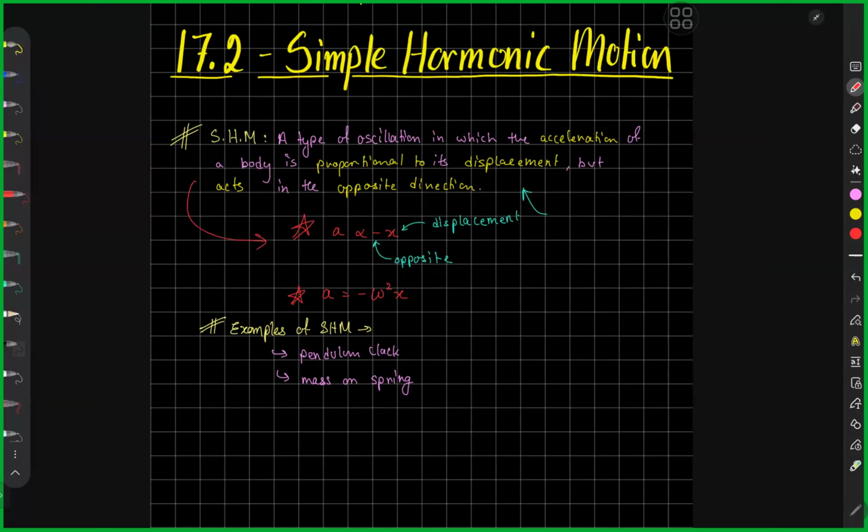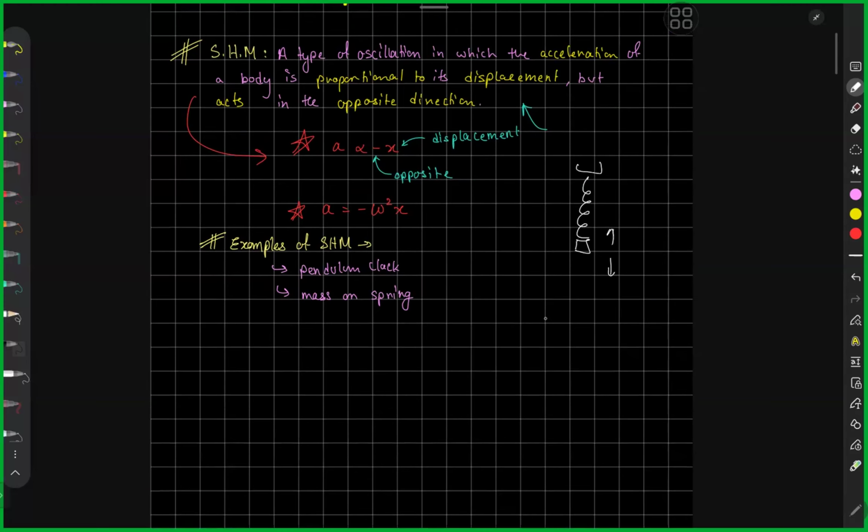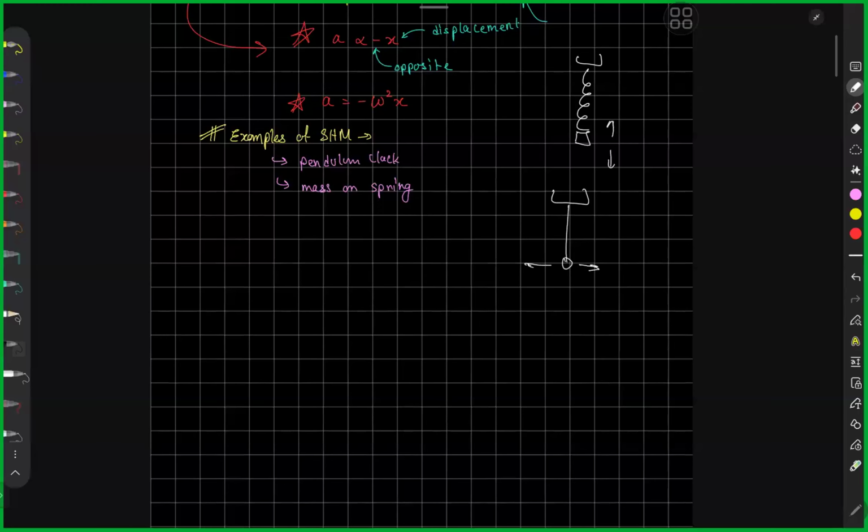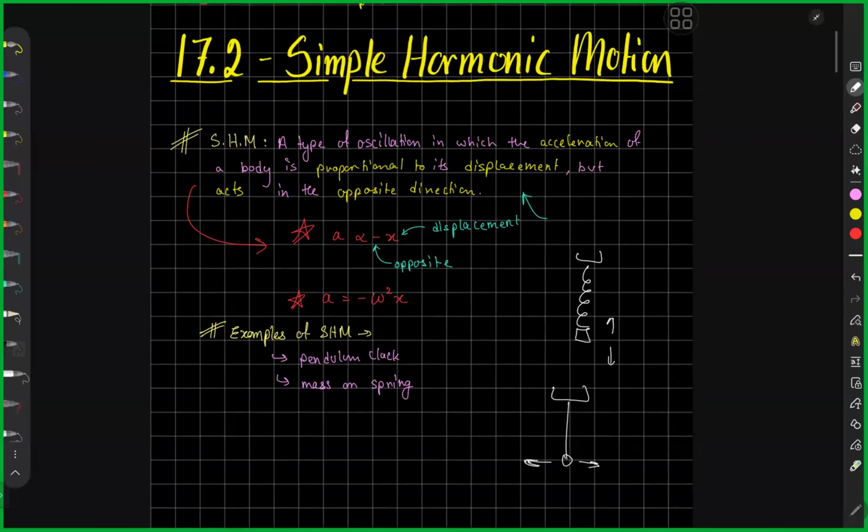A type of oscillation, you saw the examples of oscillation, spring example. So the bob moves up and down. Or the pendulum example, the bob moves right or left.